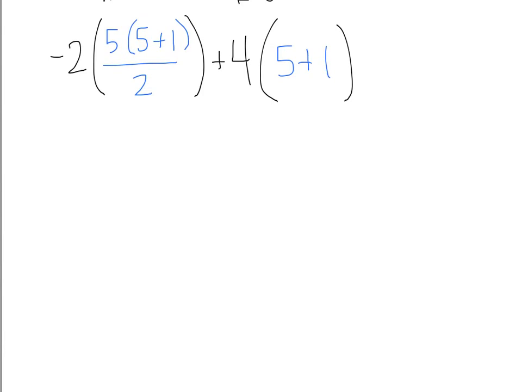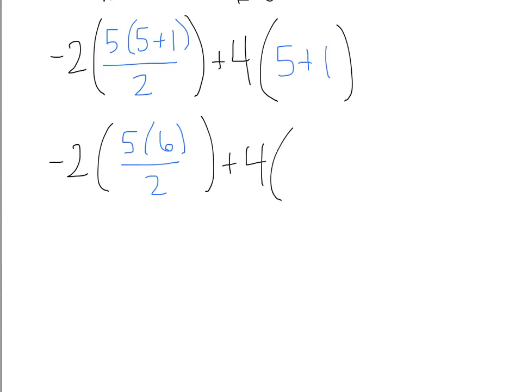So let's work inside the parentheses first. Here I still have negative 2 on the outside. On the inside, I get 5 times 6 over 2. Inside these parentheses over here, I get 6. I can keep simplifying inside these parentheses. 5 times 6 is 30, divided by 2 is 15.